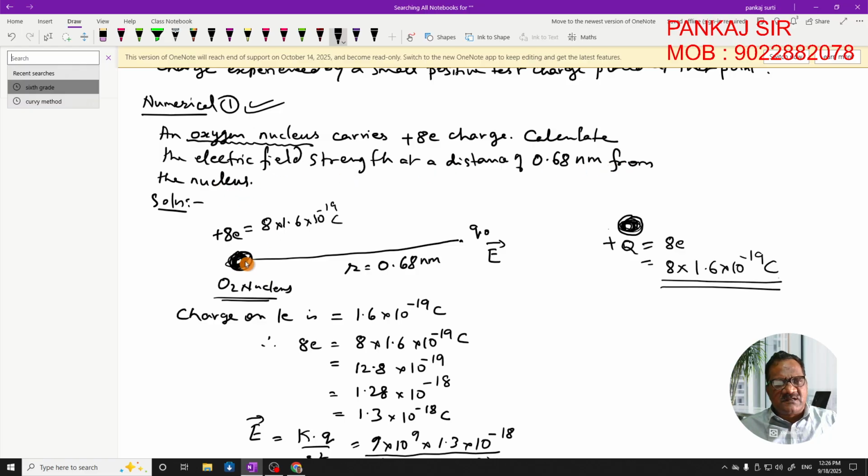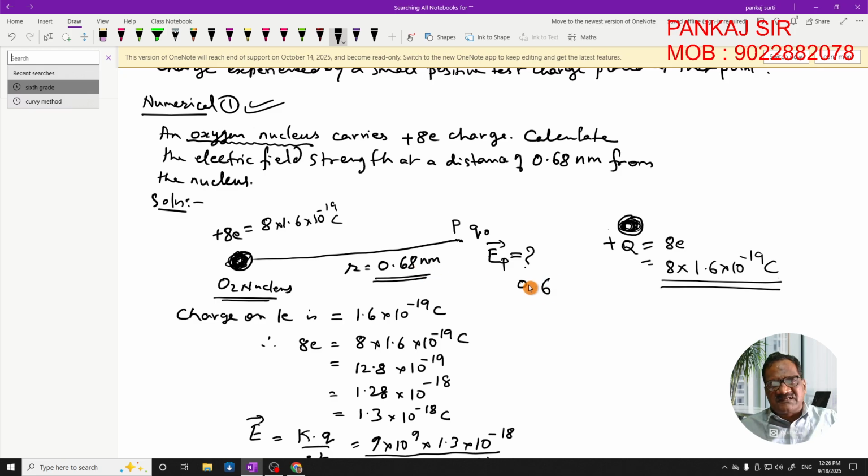Suppose this point is P. So we are trying to find the electric field strength at P, EP. This point P is at a distance R, which is 0.68 nanometer.